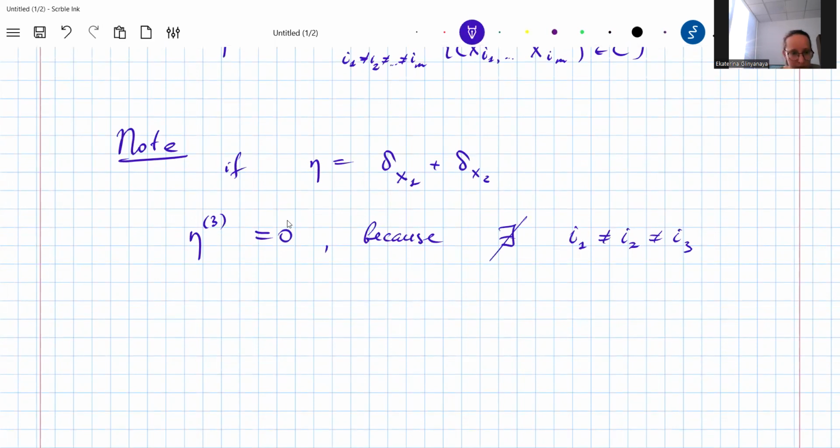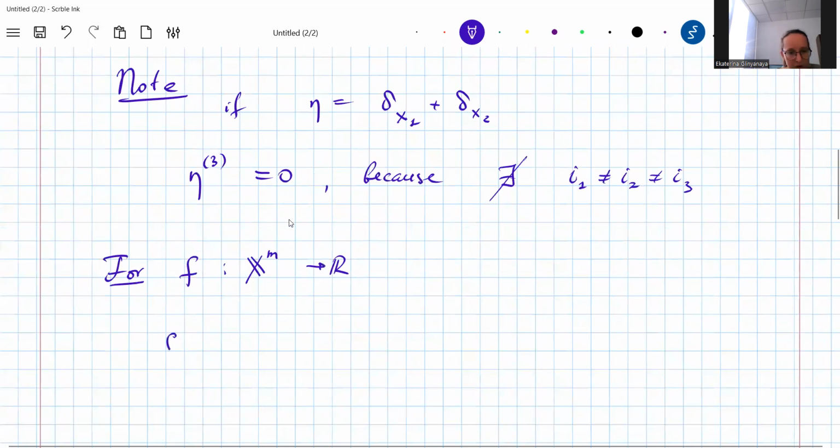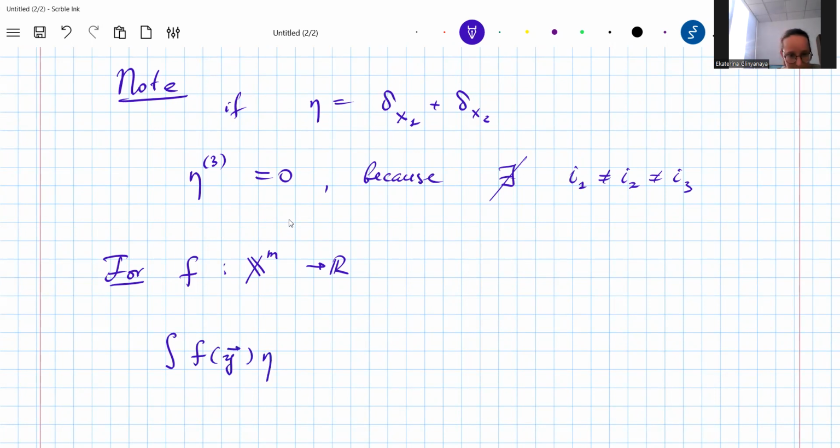So if I have a function f that acts from X^m to R, then what is the integral of the function f(y) with respect to eta^(m)(dy)?